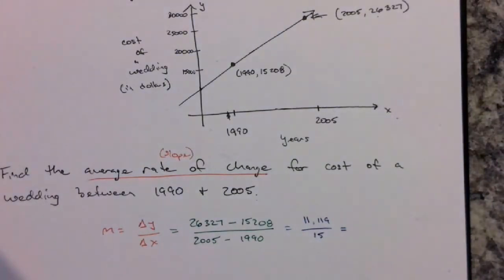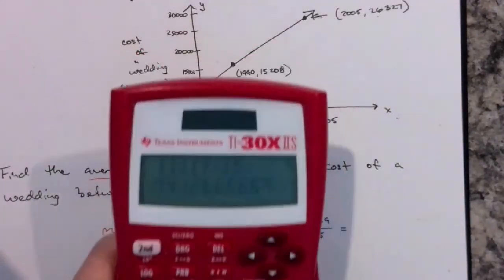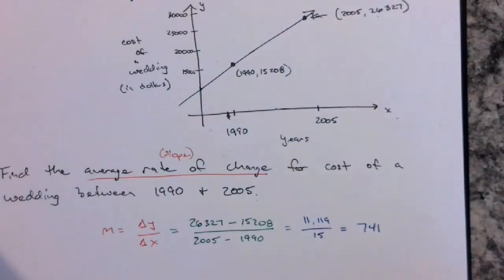So you want to do 11,119 divided by 15. And what I get on my calculator, you can see it there, we have 741 dollars, and since this is money, 0.26 will round, that 6 moves up to 0.27 because it's 0.266, so that rounds up to 7.